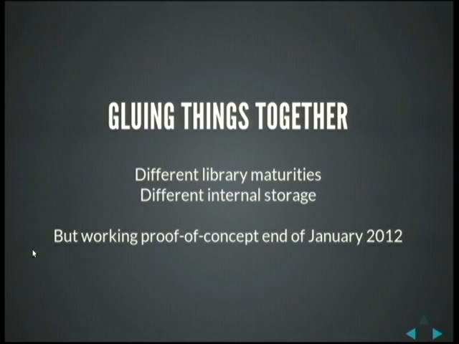So the next step after finding these was obviously gluing them together. And what was a little bit hard there is that most of these libraries were written for a different purpose. Some of them just wanted to extract meta information from images, like the width and height and the color space.